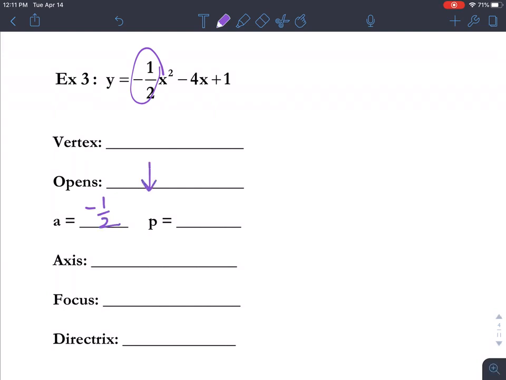But the main thing is we notice this is in standard form, so we have to do x equals opposite b over 2a. Notice b was -4, so I'm doing opposite b over 2 times a. That gives me 4. 2 times -1/2 is -1. So I get an x value of -4.